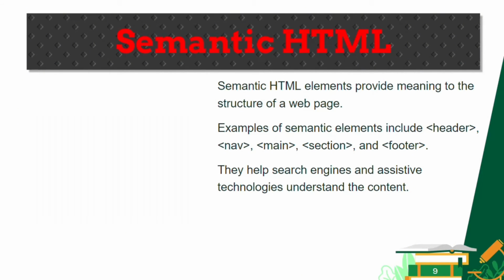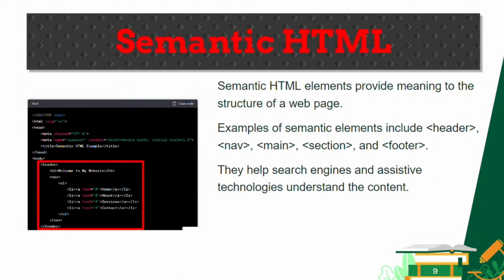Check out the picture. Here is the heading part. Basically there are more than 6 semantic elements like header, navigation, main, section, and footer. We'll talk about them part by part in the next tutorial video.